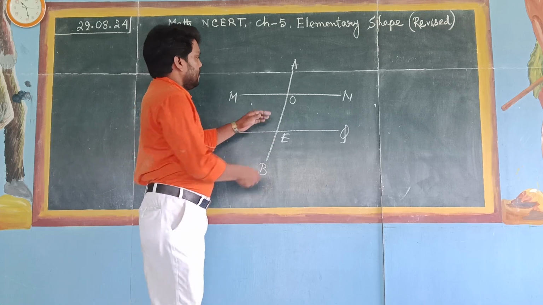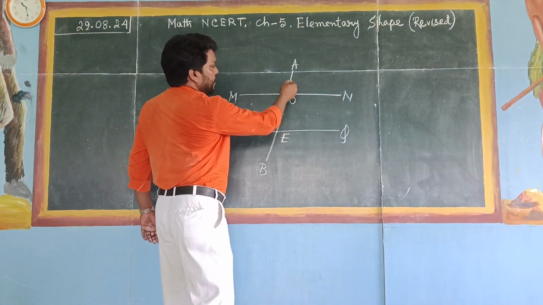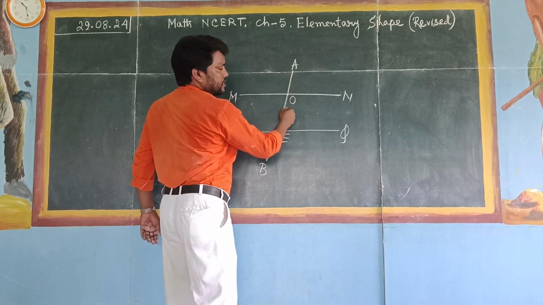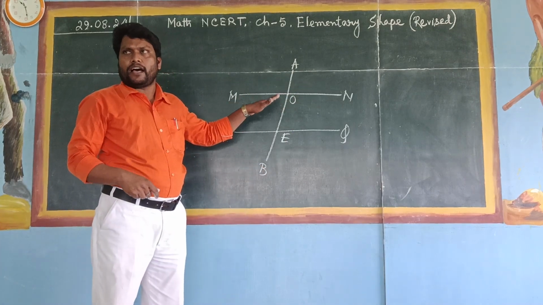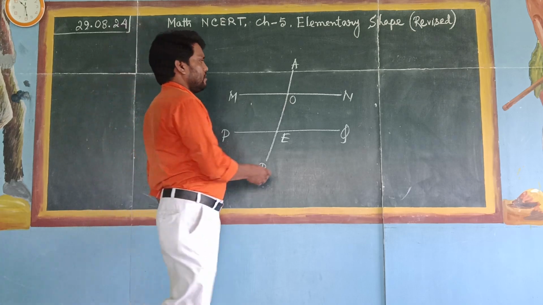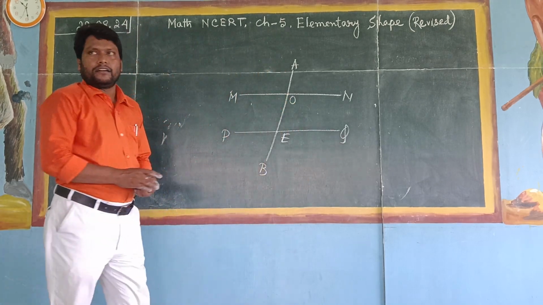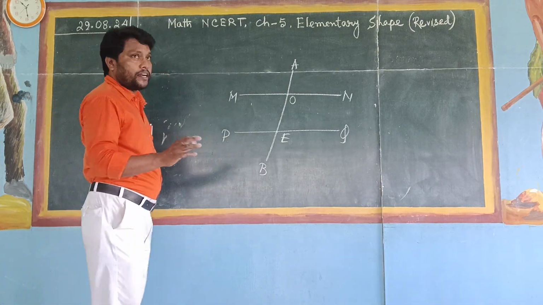And if you think that the straight angle is also an angle, so how many angles are formed here? There is some relation. Number one, very carefully, some angles are formed. What are they?